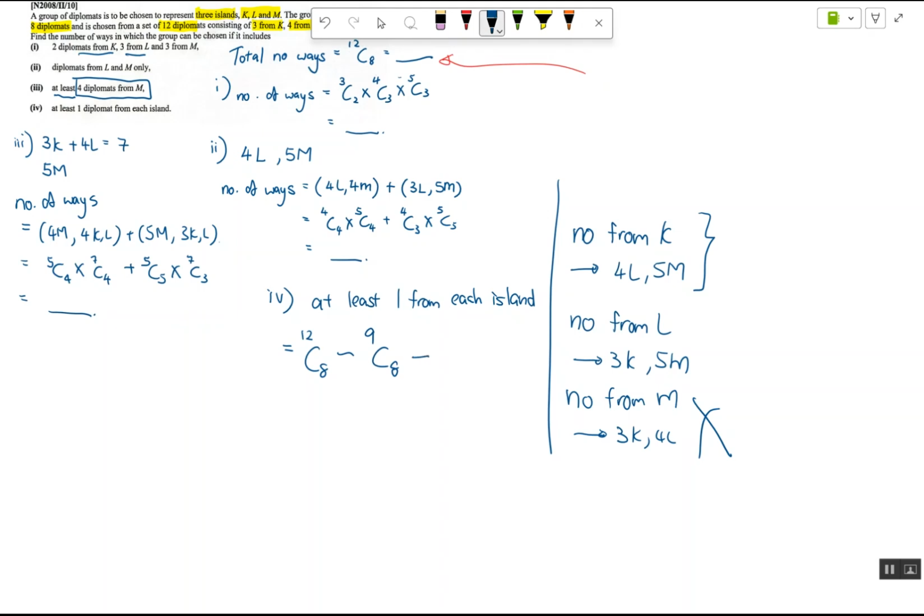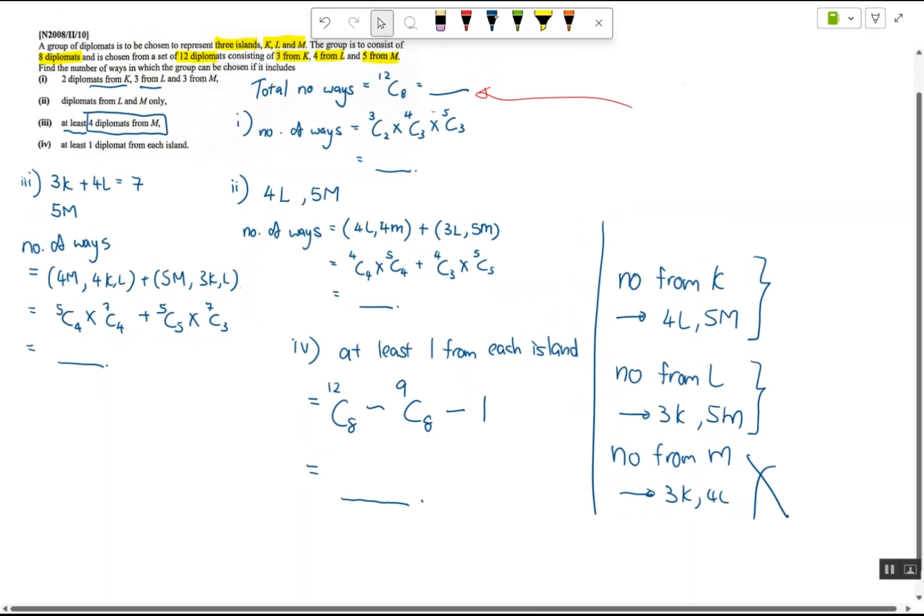Minus away another scenario: if I choose nobody from L, that means all of the 8 people have to come from K and M, so there's only one possibility, and hence you will get your answer.